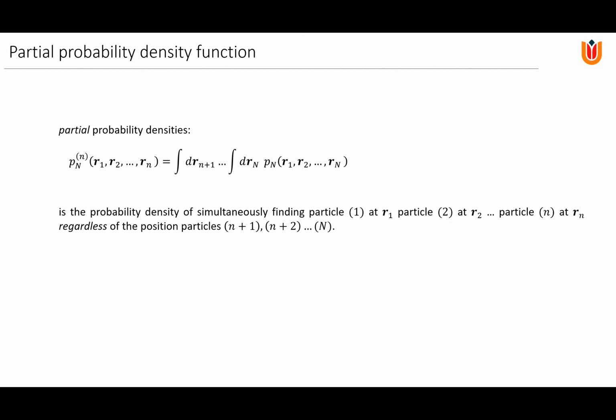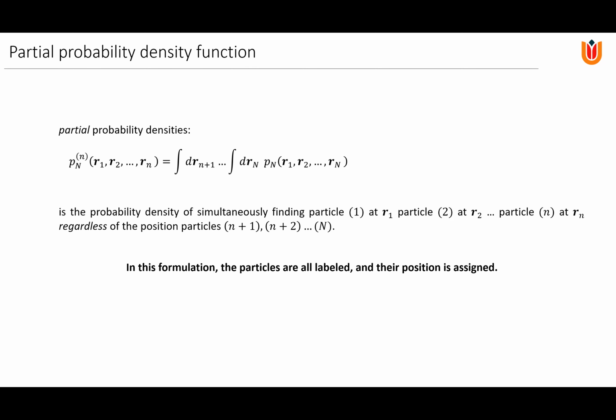What that yields is the probability of simultaneously finding particle 1 at R1, particle 2 at R2, up to small n particles, regardless of the position of all the other particles, because we integrated out their positions. So we still have a probability density that relates to particle 1, particle 2, etc. The positions of all the other particles are now integrated out.